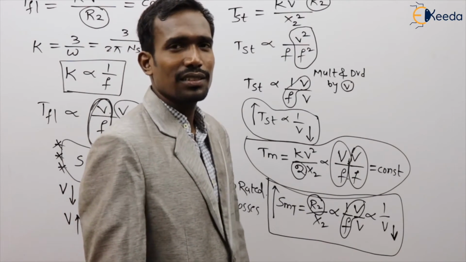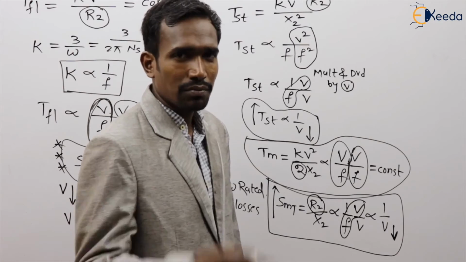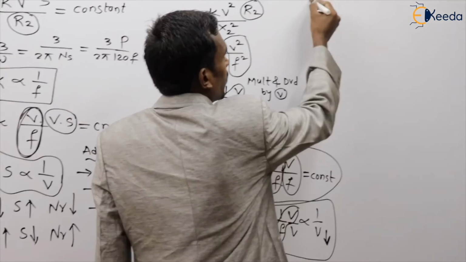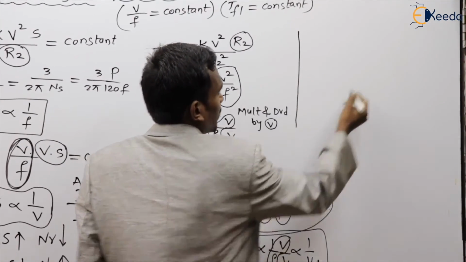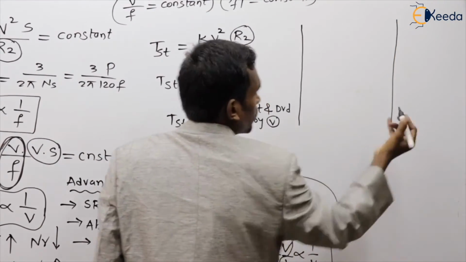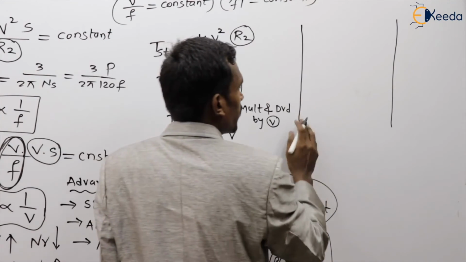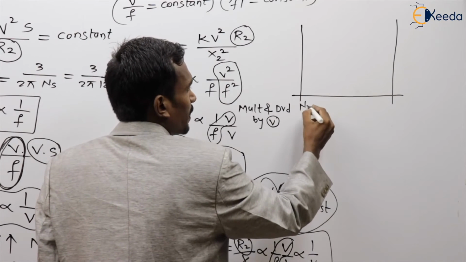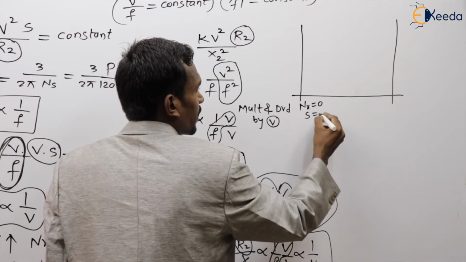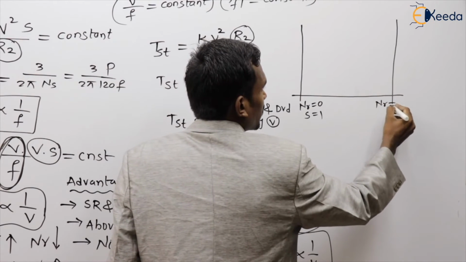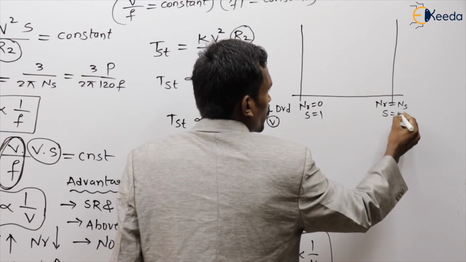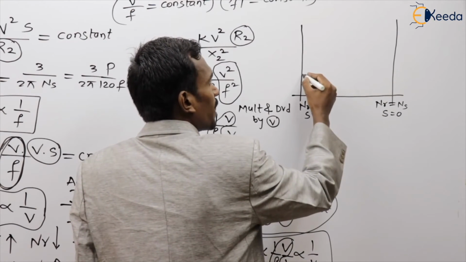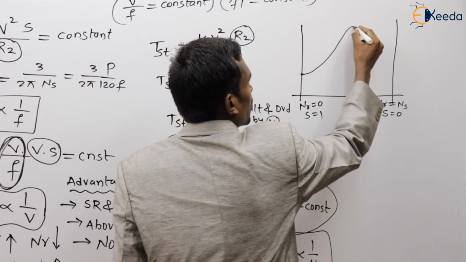Let's draw the diagram, the characteristics, to see how they will be affected. For example, here NR is equal to 0, S is equal to 1. Here NR is equal to NS, S is equal to 0.